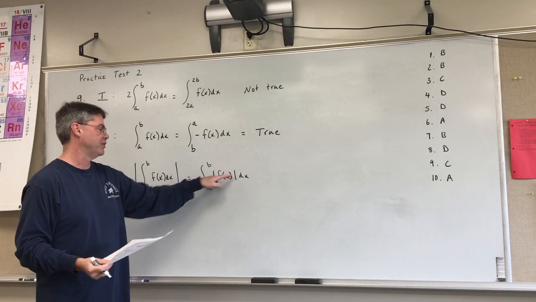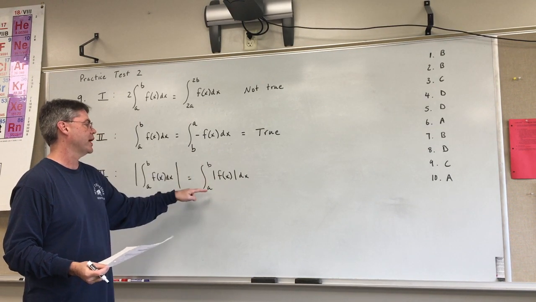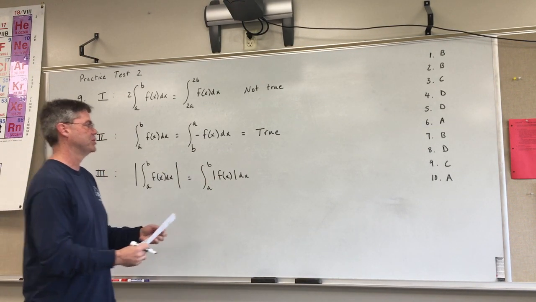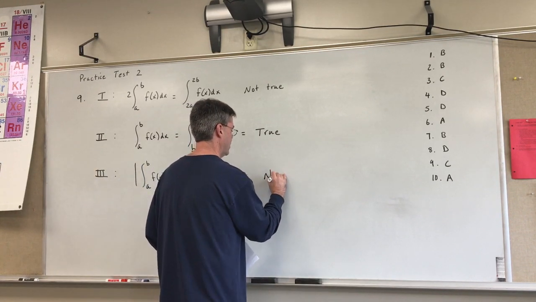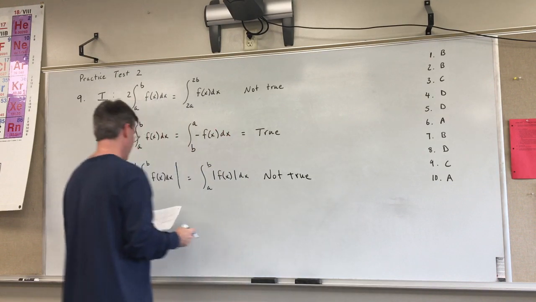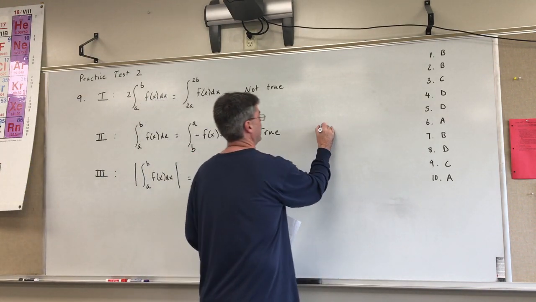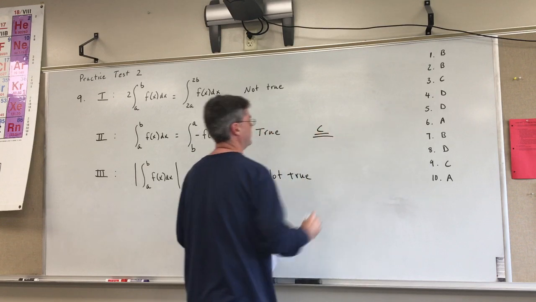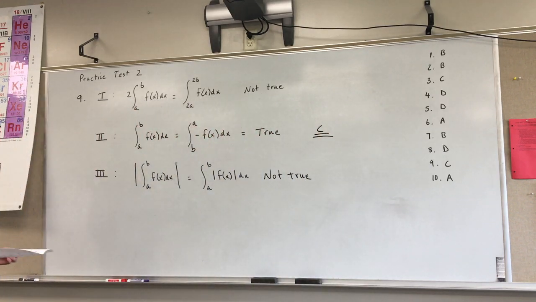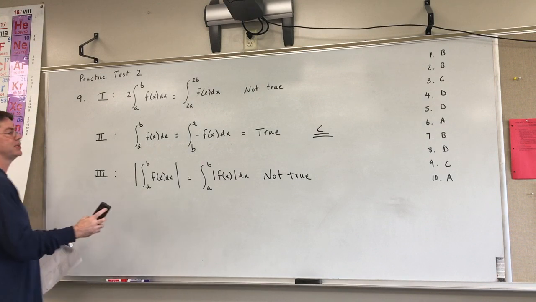This one won't always give you a positive answer, because when you subtract, one of these limits may be bigger than the other one. So that's not true. Certainly don't have an identity for that. So the answer is 2 only, which is C. Right, so that's one that, if you knew how to do it, will go pretty quick and you'll make some of that time back up.